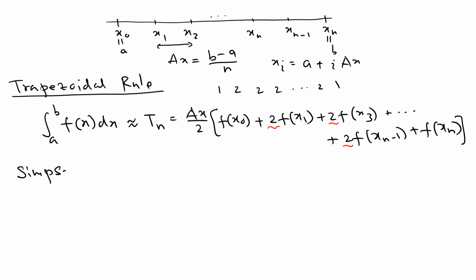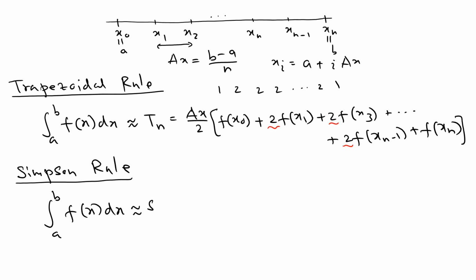Then we have the Simpson rule. In the Simpson rule, not much changes. This one is called Sn, and we divide by 3. So the midpoint rule divides by 1, the trapezoidal rule divides by 2, Simpson divides by 3. The format is 1 4 2 4 2 4, and at the end 2 4 1.